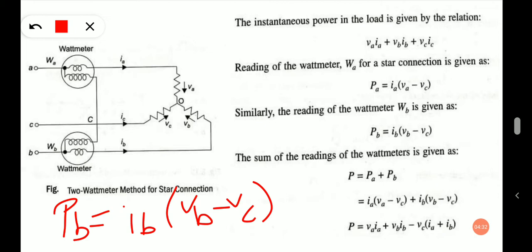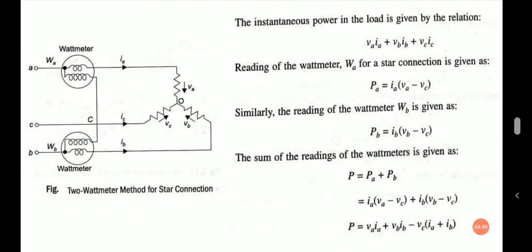In this case, the pressure coil of wattmeter WB is connected across phase B and phase C. The power measured by WA is PA and the power measured by WB is PB.